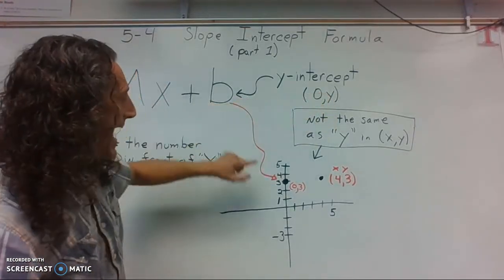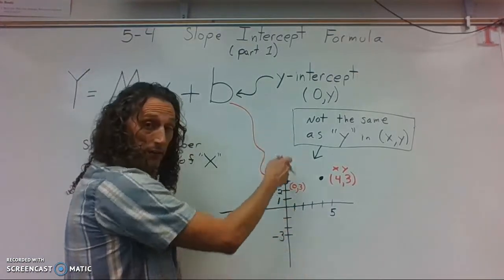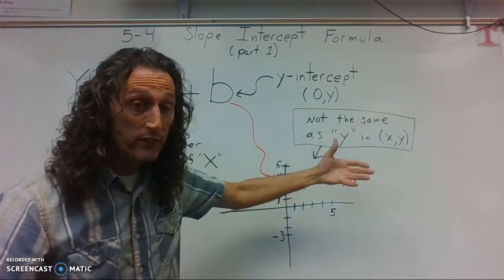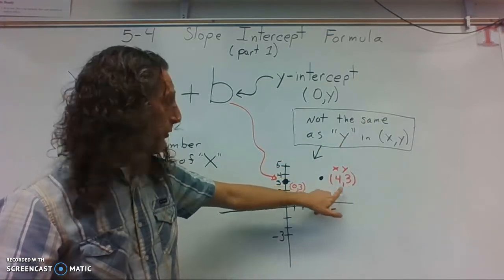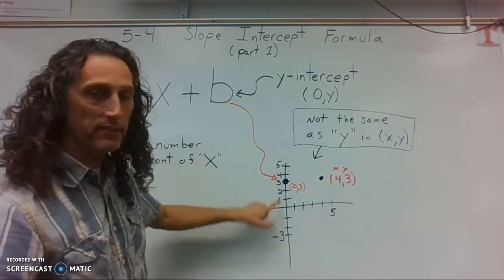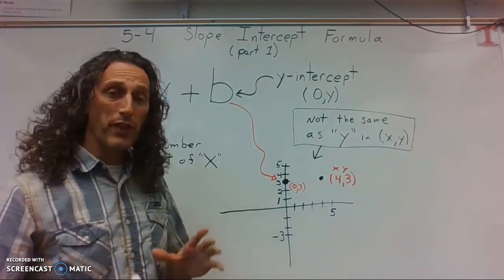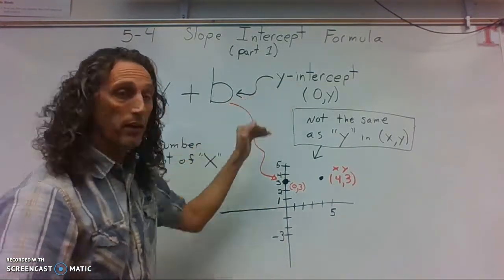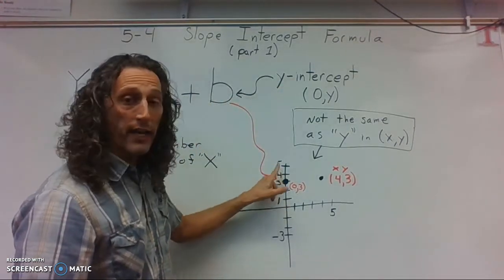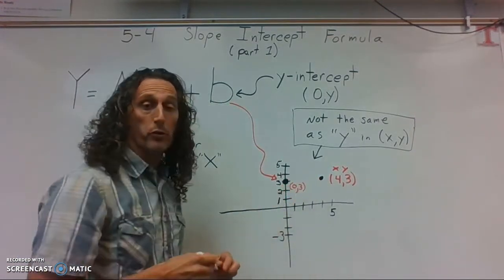So the y-intercept actually represents two numbers, or it represents a dot on a line. A y by itself only represents half of a point, right? If there was no x, there would be no point. So there is a difference between a y-intercept, it means it has to be on this line. Okay? A y-intercept is always on the y-axis. So that's the difference between a y-intercept and just a plain letter y. Okay? Y-intercept is a dot on a line, and technically it's 0, 3. But you see the difference between them? So don't get those mixed up.